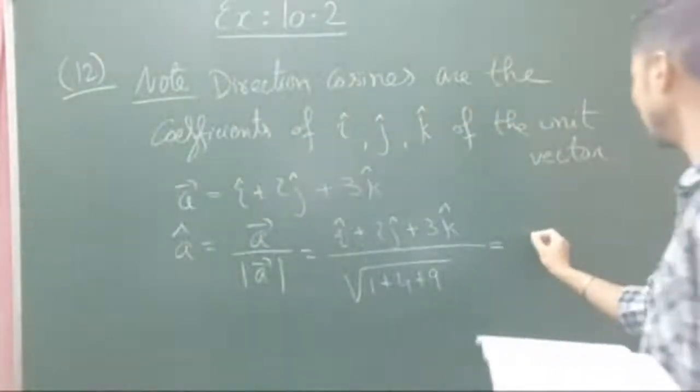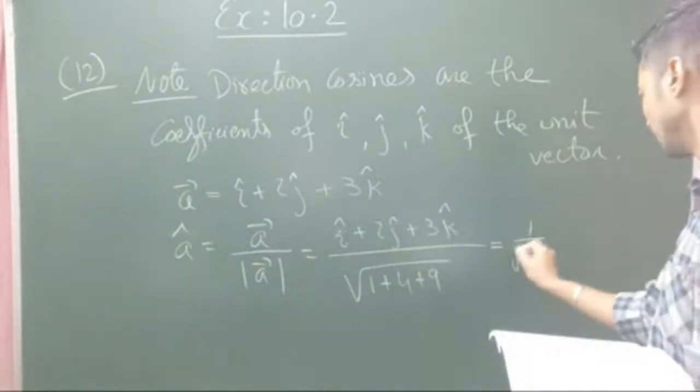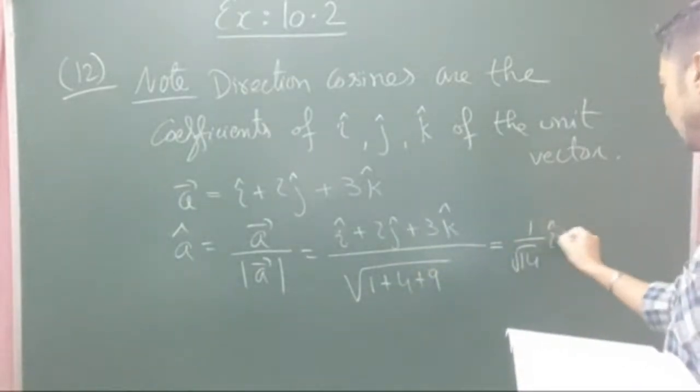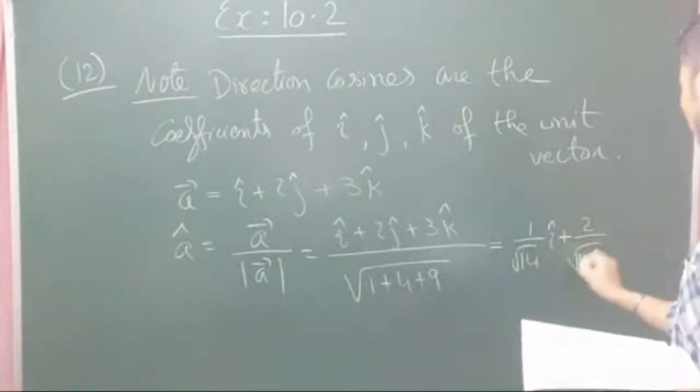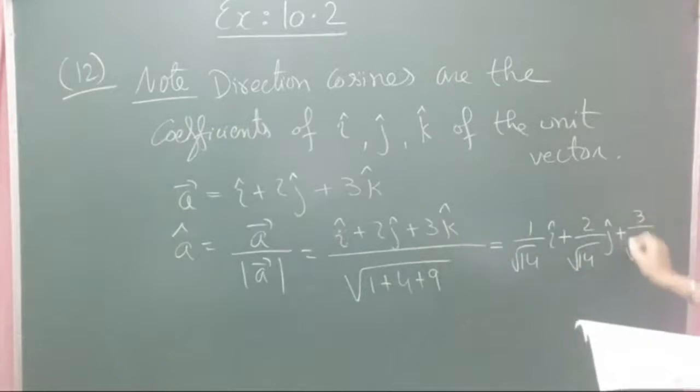So that would be 1 by root 14 i plus 2 by root 14 j plus 3 by root 14 k. So this is the unit vector.